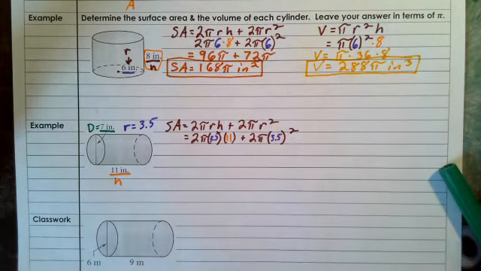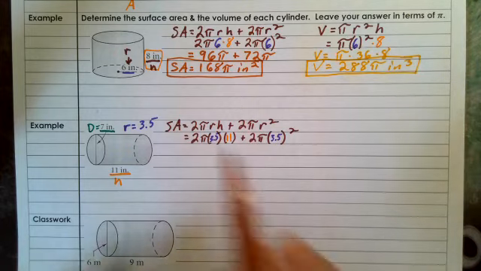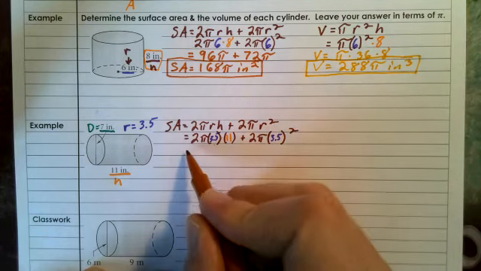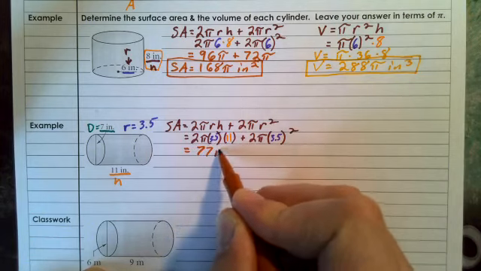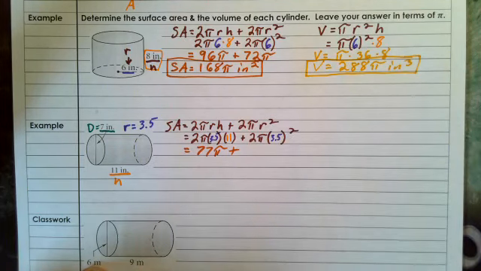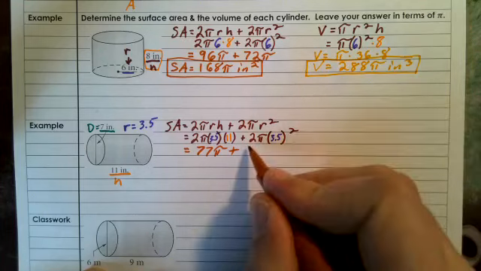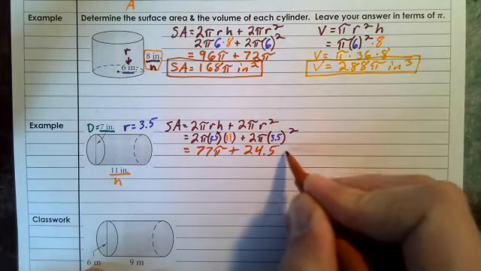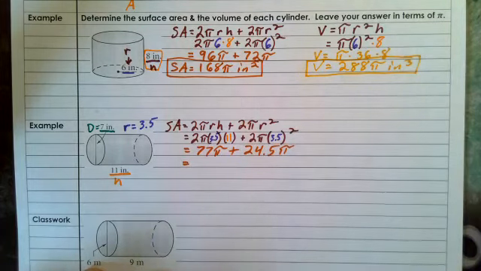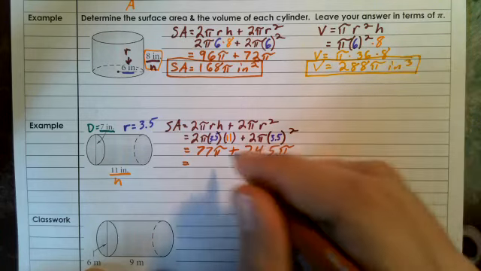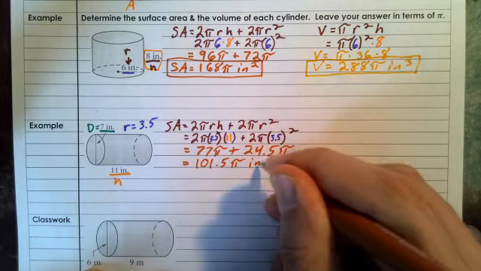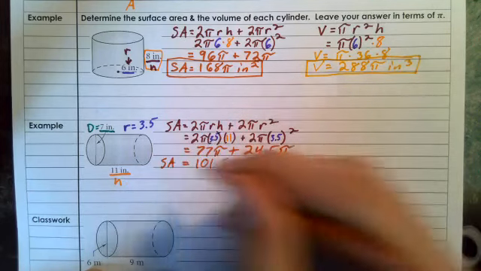So we just need to simplify that down. So 2 times 3.5, that is 7, times that 11, that is going to be 77 pi. Plus, I need to do 3.5 squared times 2. I get 24.5 pi. So 77 plus 24.5 is 101.5 pi inches squared for my surface area.